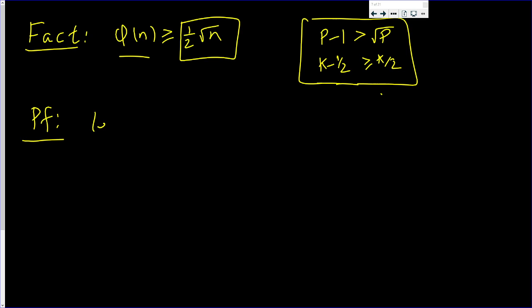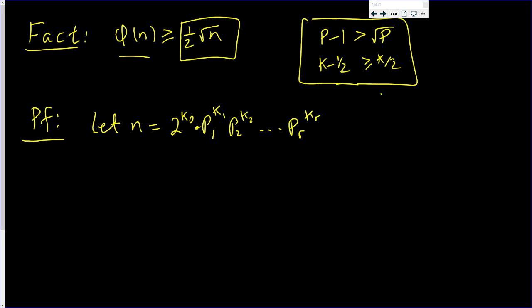Okay, so how about we let n equal 2 to the k sub 0 times p1 to the k1, p2 to the k2, all the way up to pr to the kr.